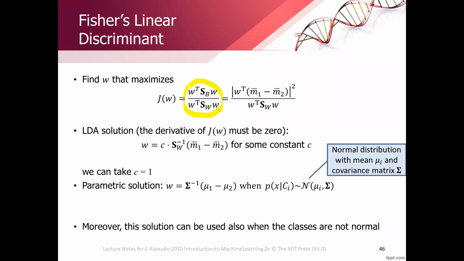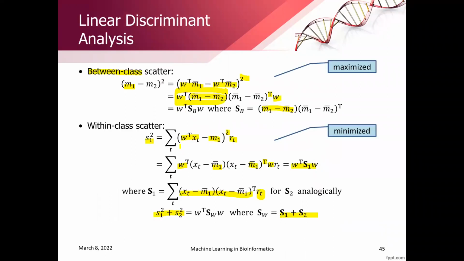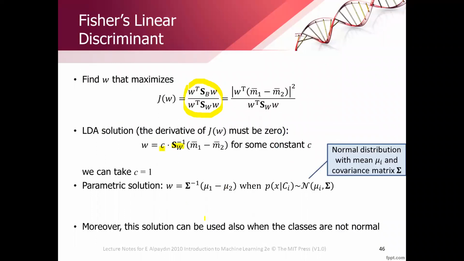And when we solve the equation, we actually obtain that the solution is some constant times the inverse matrix of S sub W, where S sub W is the within class scatter, times the difference between the means for both classes.